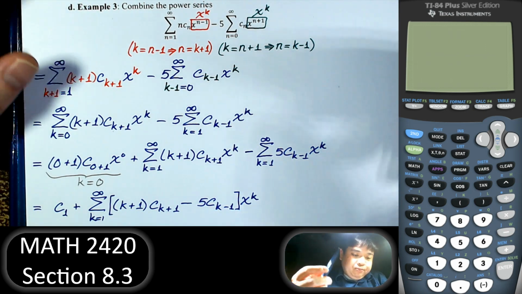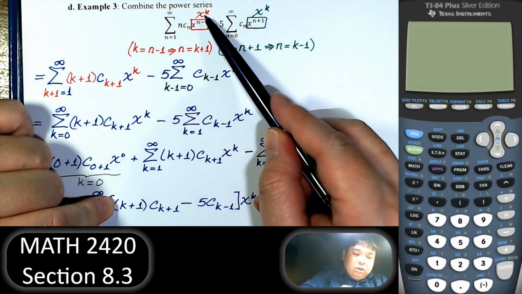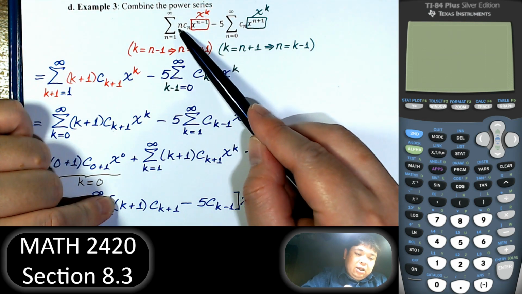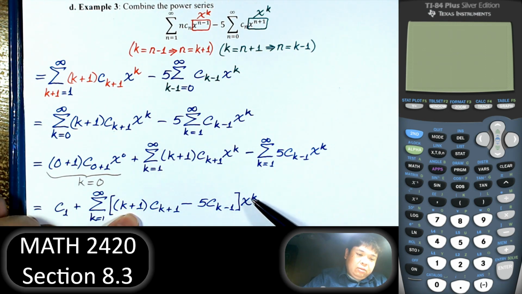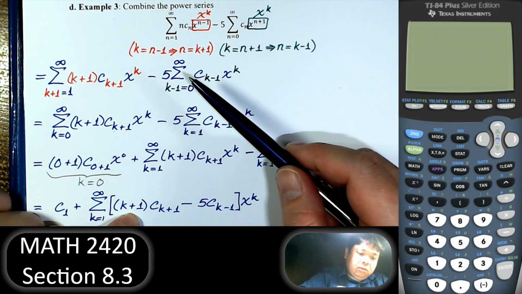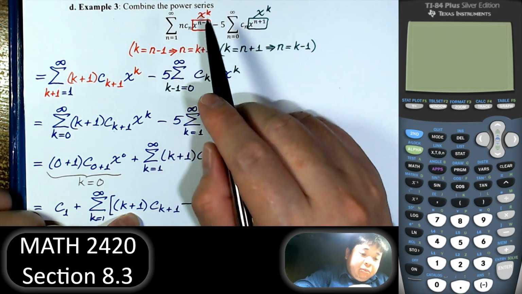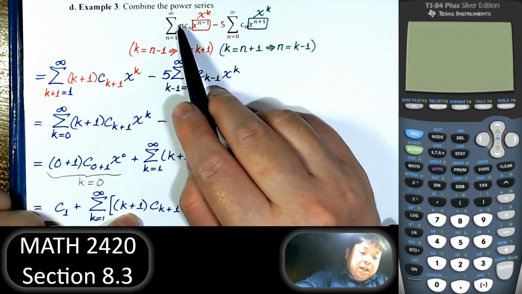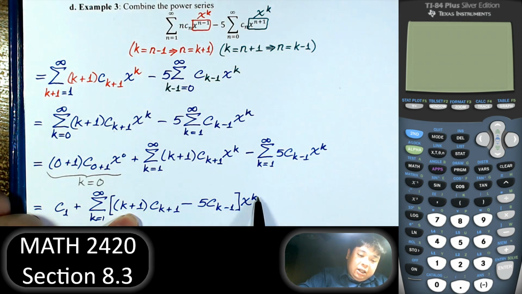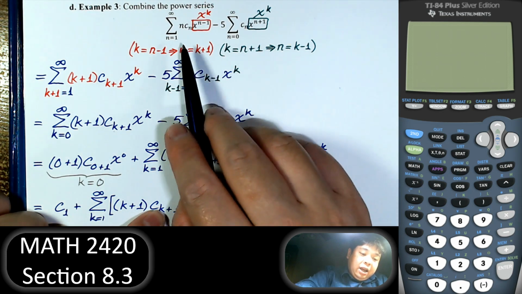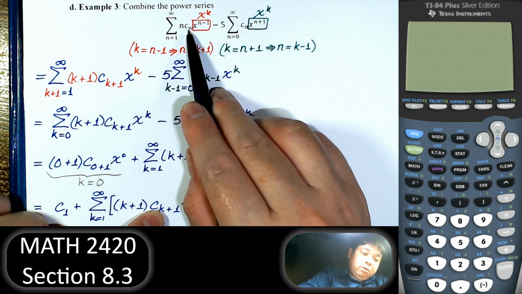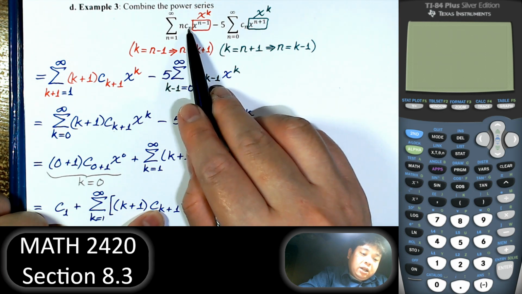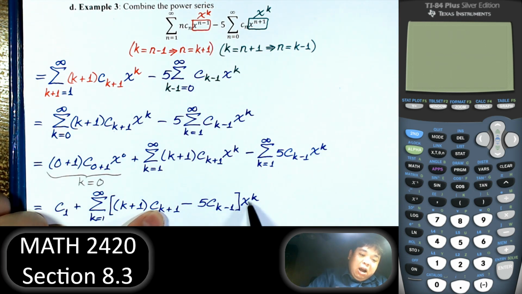And final check: the power is the same as the coefficient. The power is n minus 1 and the coefficient is n, so the coefficient is 1 more than the power. Yes. And the subscript, or the index, is 1 more than the power.